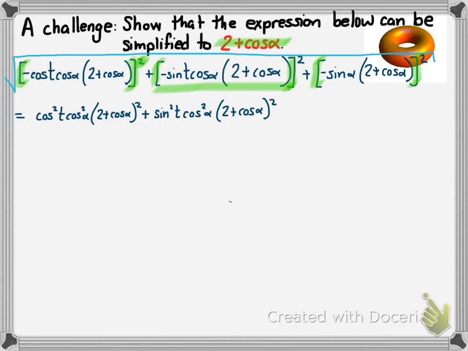Now we're ready for our last set of parentheses, and we square negative sine alpha times 2 plus cosine alpha. We square the negative, it becomes positive. We square sine of alpha, so we have sine squared alpha, and we square 2 plus cosine alpha.